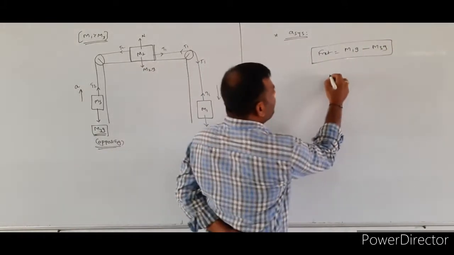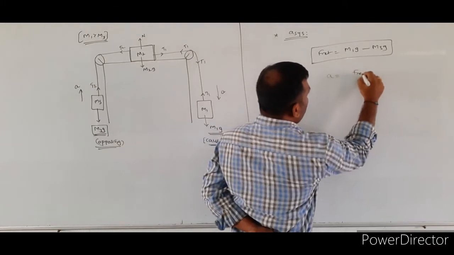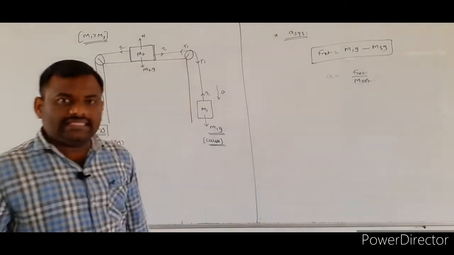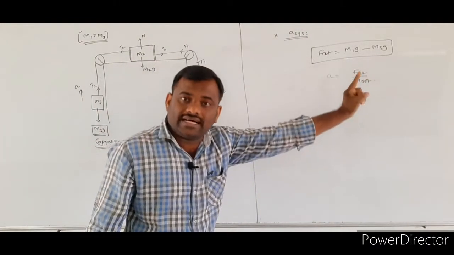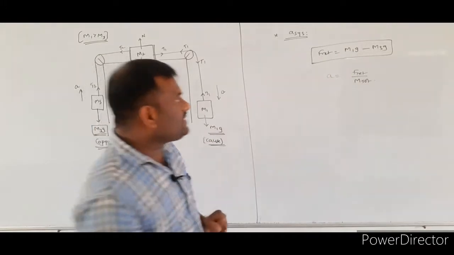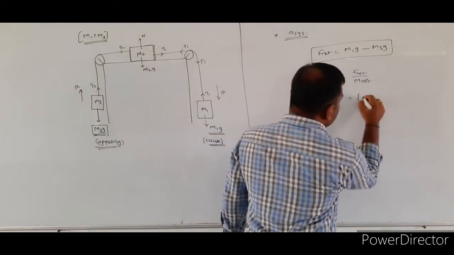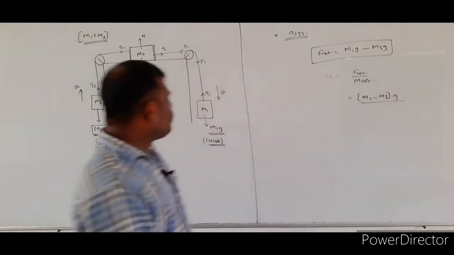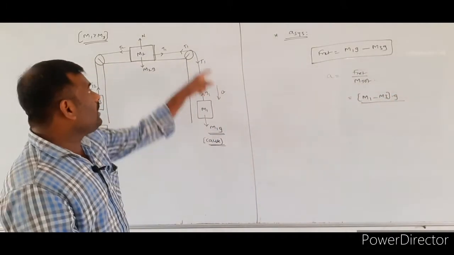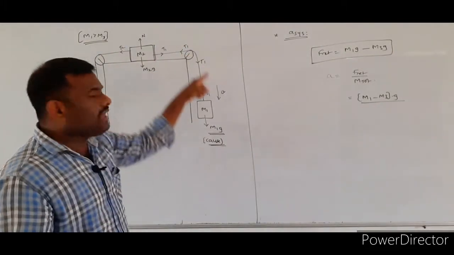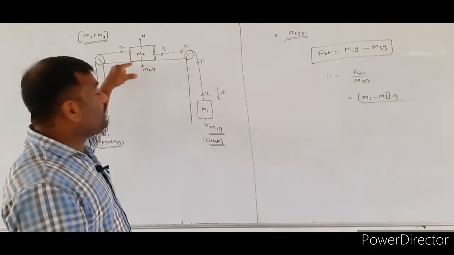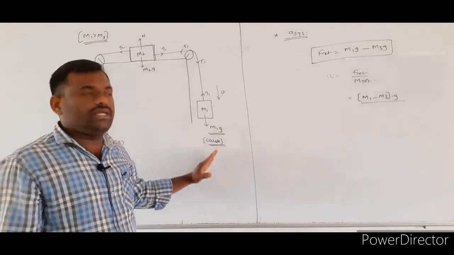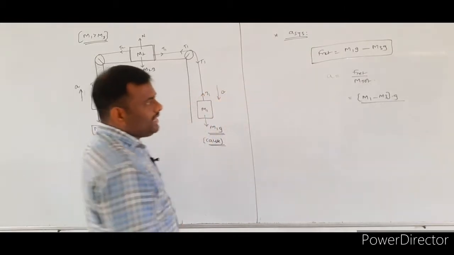Now I will write the acceleration of the system is equal to, as I already told, net force acting on the system by total mass present within the system. So the net force acting on the system is M1 minus M3 into G, divided by the total mass present in the system. Total mass means we have to consider all the masses. Even though M2G does not cause any motion, we have to consider its mass while writing the total mass.